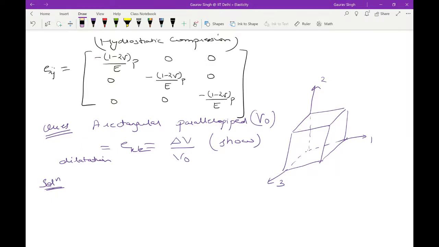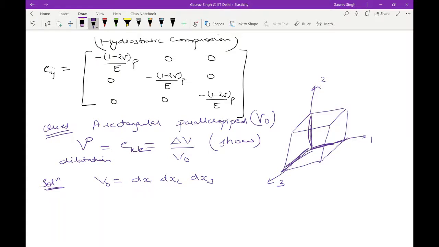I think it will be quite complicated for me to draw this, so I'll just do something like this. Now let the original volume of this element be dx1 dx2 dx3, assuming that each of these sides, like this is dx1, this is dx2, and this is dx3.